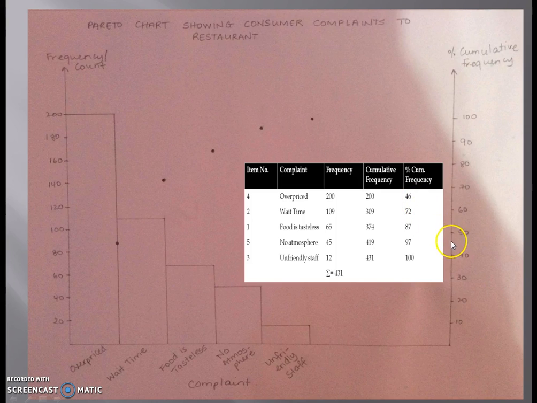So 46% is somewhere around here, and we plot it on our overpriced bar chart. And we did the same for each item. Wait time was 72%. 72% should be here. We plot it against our bar. And all look like this.